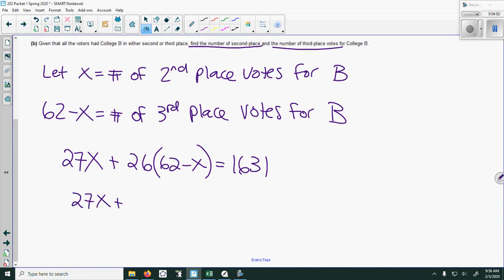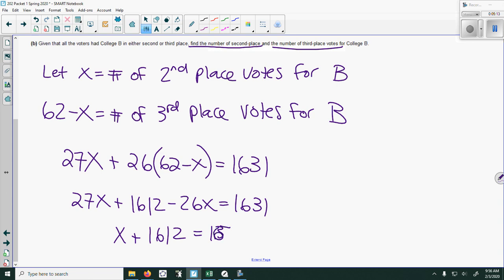27X plus 26 times 62, which is 1,612, minus 26X equals 1,631. 27 minus 26 is 1X. So X plus 1,612 is 1,631.